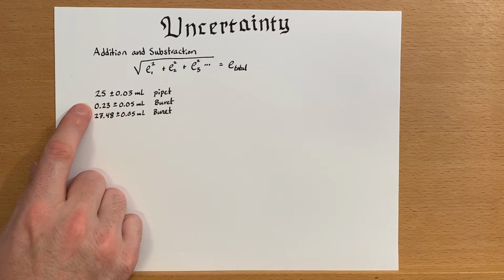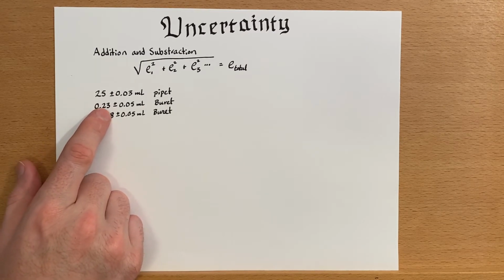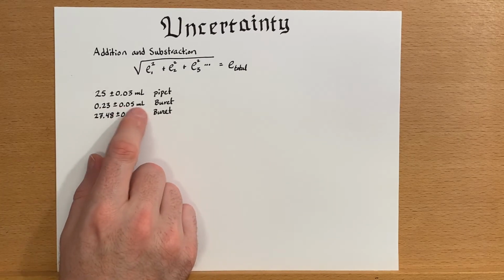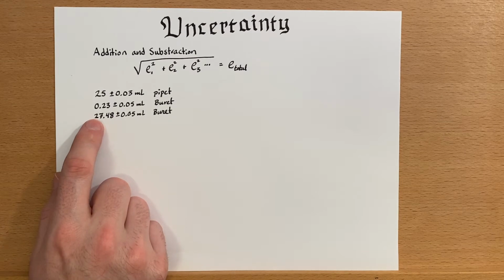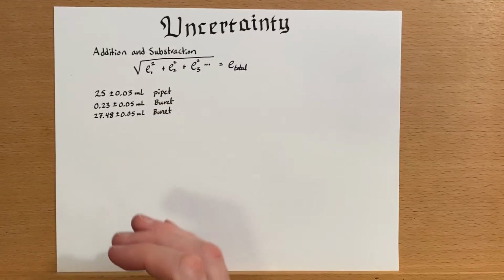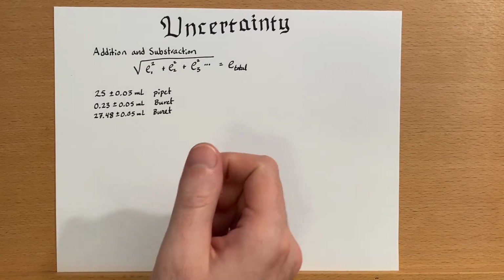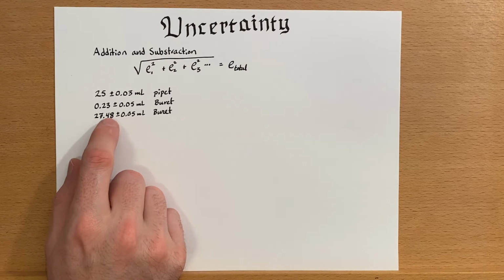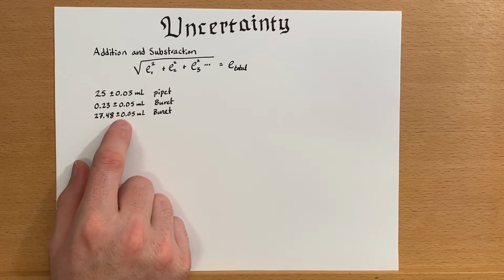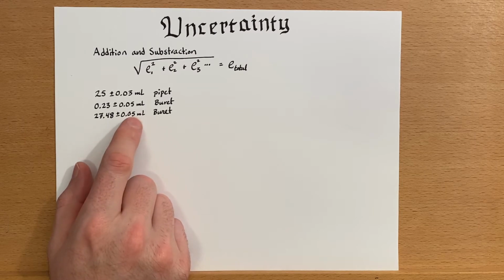So the burette, initially we read it at 0.23 milliliters, and that has an error of 0.05 milliliters, plus or minus. And then we also have the measurement of the burette at the end, when we stopped adding to the flask, at 27.48 milliliters, and that has a standard uncertainty of 0.05 milliliters.